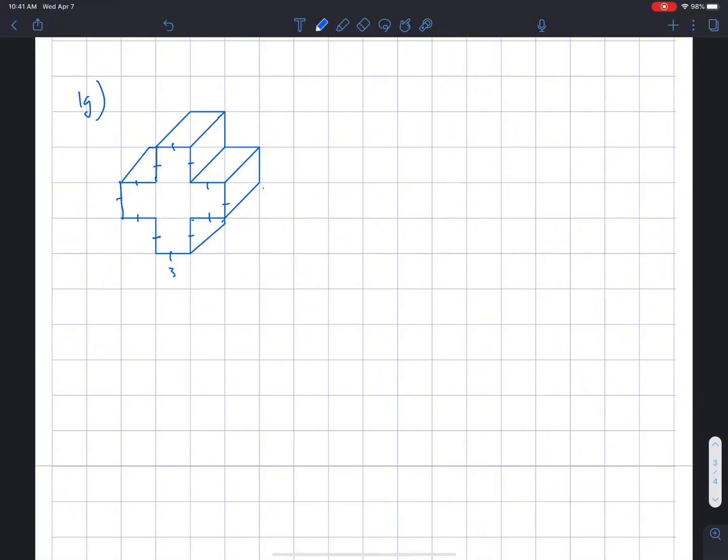And they are all 3s. And this is 6. Okay, so the top piece should be 3 long rectangles. Each one is a 3 by 6, so that's 3, 3, 3. So in total, that will be 9. So top and bottom should be the same. I have 9 times 6 times 2, which is 108.